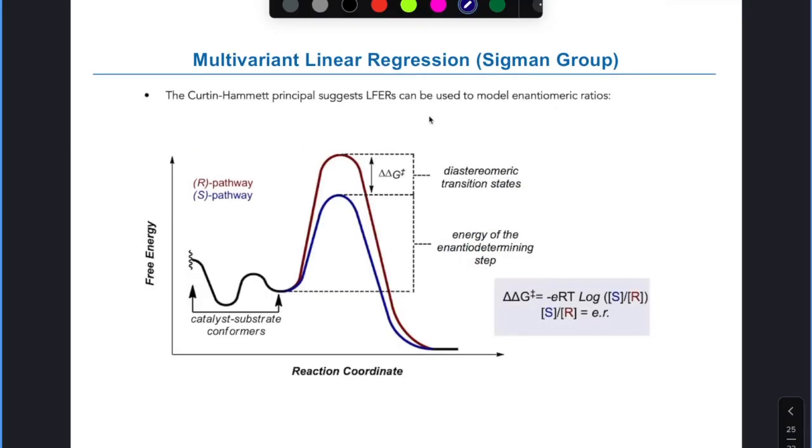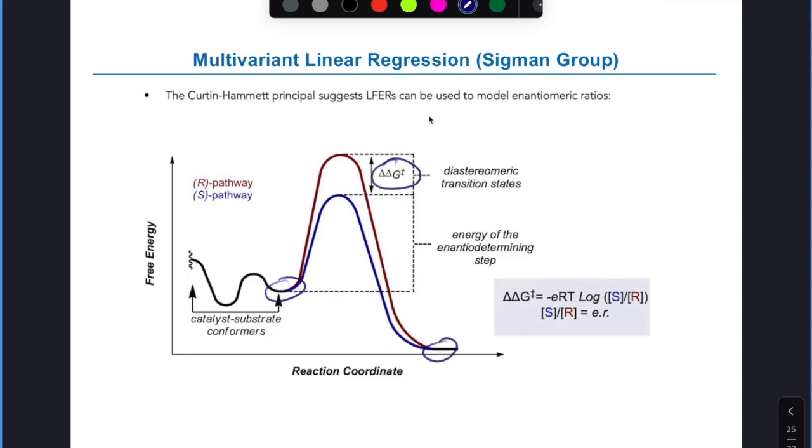His philosophy was, okay, we know about linear free energy relationships. We're talking about a delta delta G, but the original formulation of this was to say, all right, we remember in the original perturbation, the starting material and the product, if those are both at exactly the same energy, then we can actually extract differences in rate, which is only due to difference in the transition state.